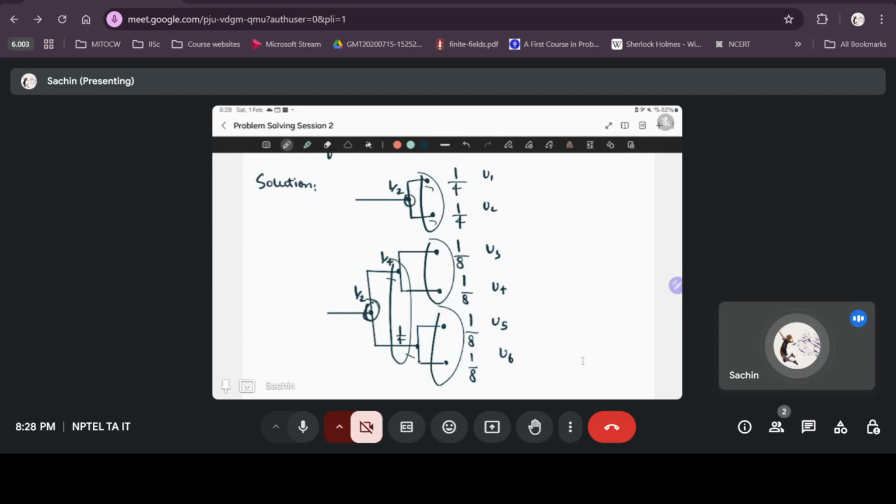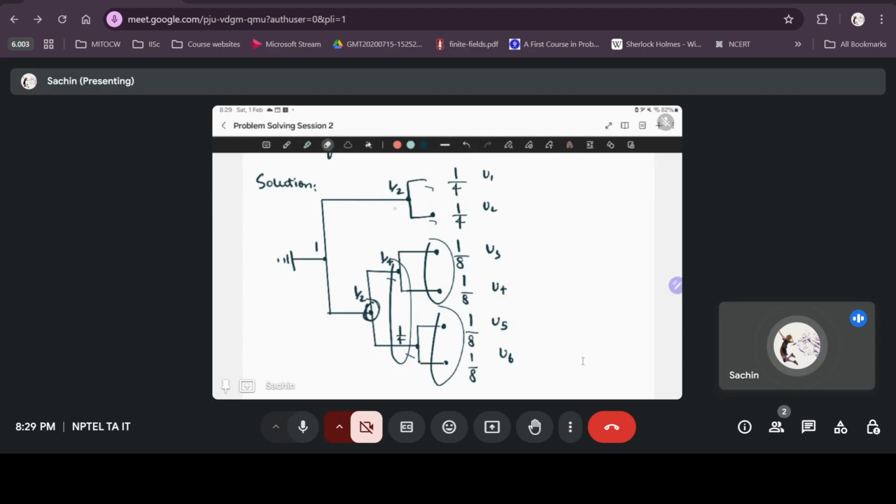So you have only two vertices left. At that stage, you just join the two vertices to the root. Root node has probability 1.